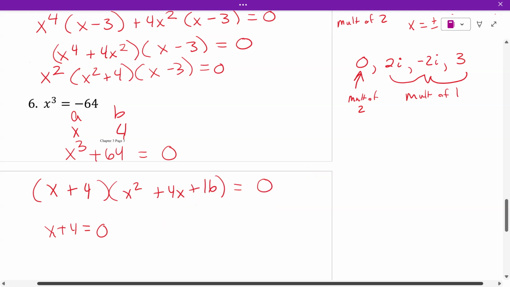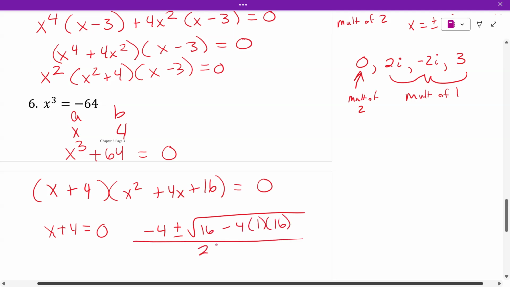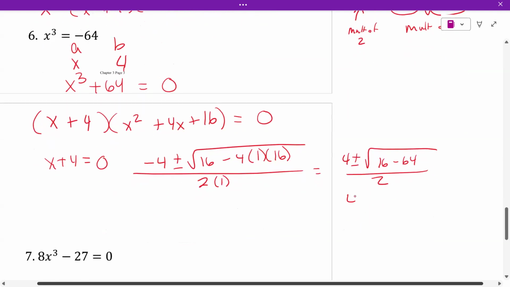Okay, so what are we going to have to do? The quadratic formula, negative b plus or minus the square root of b squared minus 4ac all over 2a. 4 plus or minus the square root of 16 minus 64 over 2. So it's 4 plus or minus the square root of negative 48 over 2.